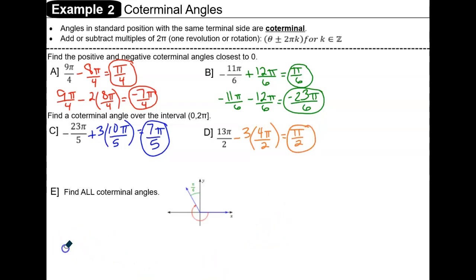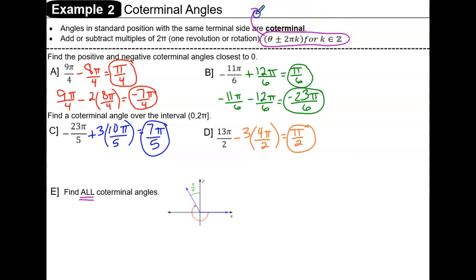Okay, now in problem E, we want to find all of the coterminal angles for the given angle, and that's going to require this expression, theta plus or minus 2 pi k for k that is an element of the integers.